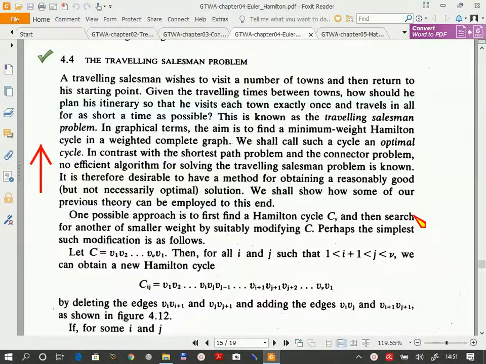But the task is different because this time you are not interested in streets, you are interested in vertices. You are a traveling salesman and you must visit all towns of your domain, okay? And of course, you would like not to go twice through the same town, so you want to come back home, and so you would like to have a Hamilton cycle.